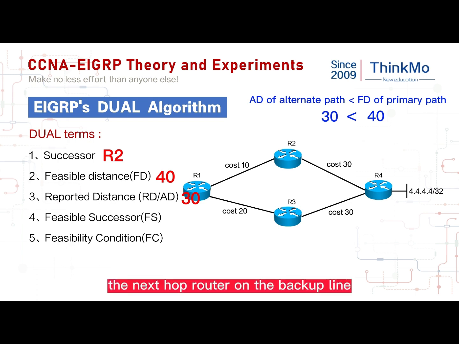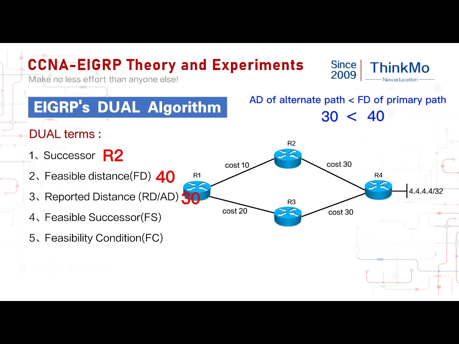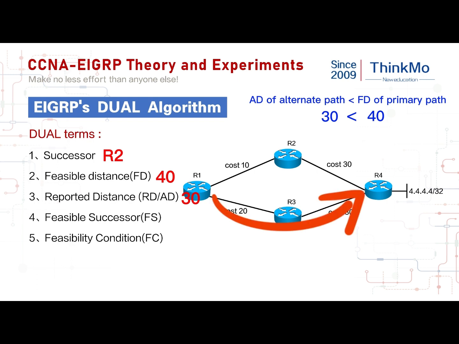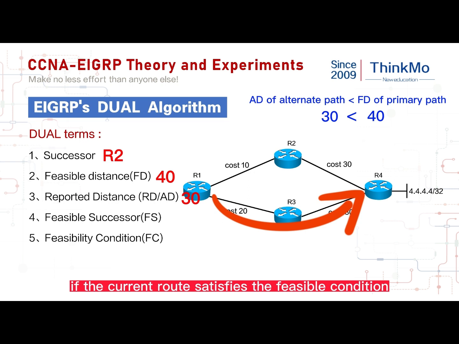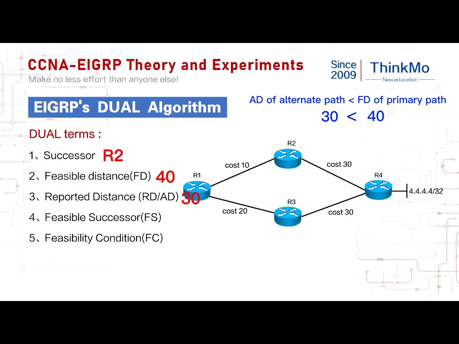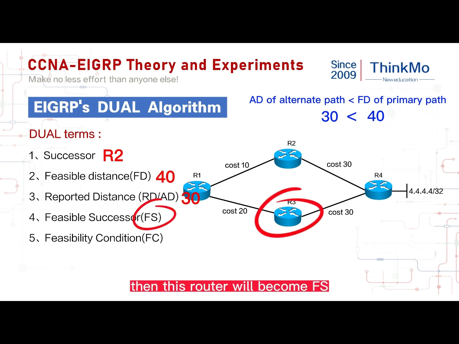The next hop router on the backup line is the feasible successor. Then the condition for generating a feasible successor router is, the line must now be available. That is, if the current route satisfies the feasible condition, it becomes a backup line. Then this router will become FS.